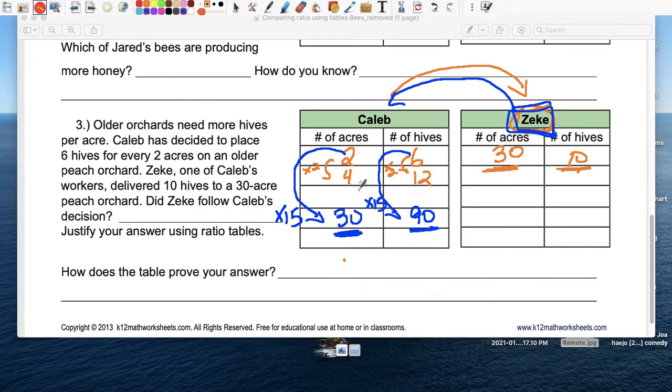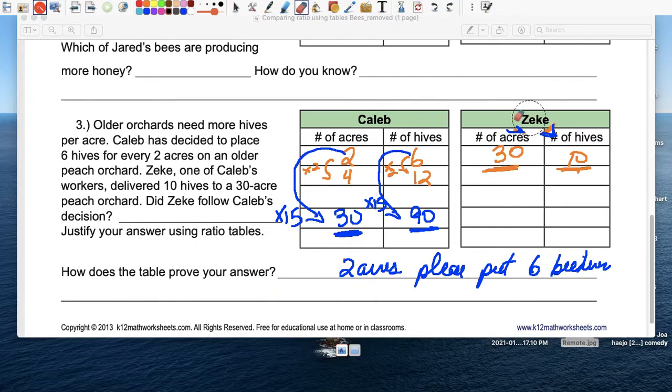Okay, so let me try to explain this in a different way. So let's say I tell you guys, I need you to go to the farm, a la hacienda, y a cada 2 acres de land, please put 6 beehives. Right? So if we do this the way that we did in class the other day, using a proportion, okay, look at this.